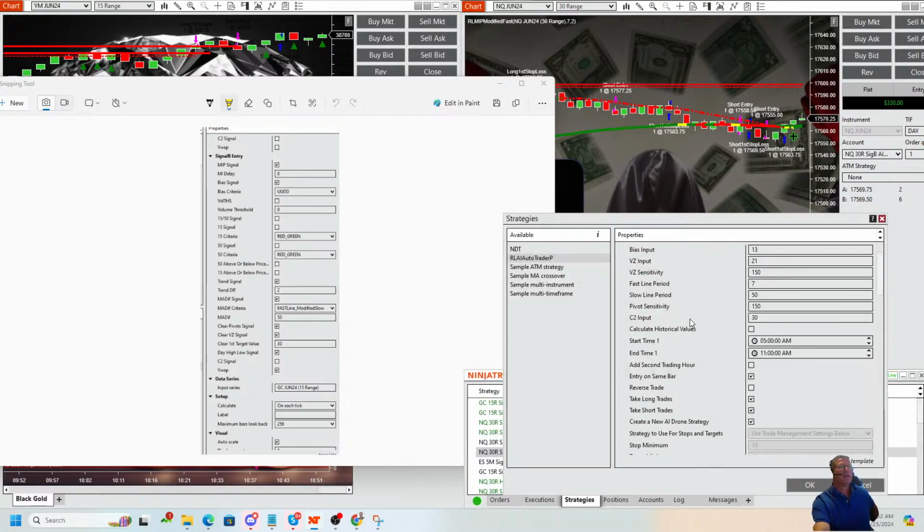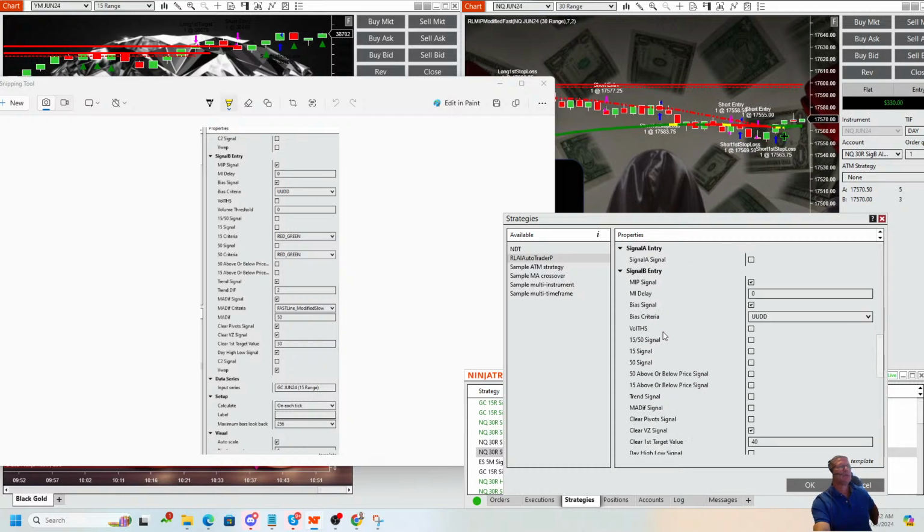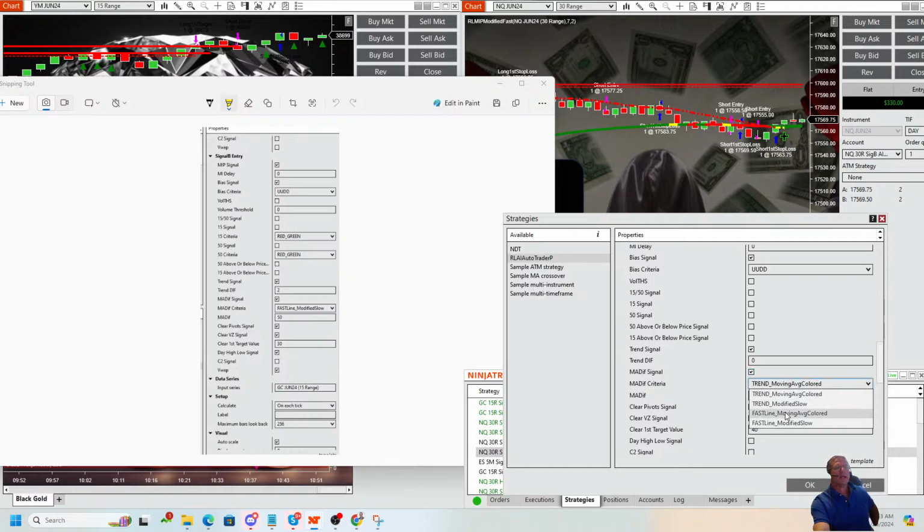And then I would just make small adjustments because I saw that the signals came in at really great places. So I would add the bias signal and the trend signal, and I would put the exact same inputs that I have here. This is the fast line and the modified slow.